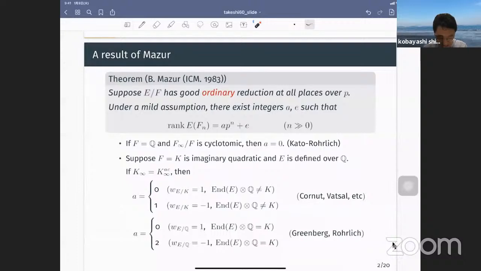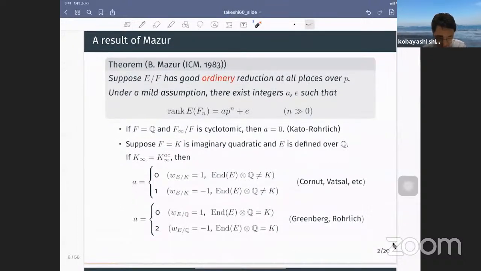Then it is different depending on whether E has CM by K. Mazur calls the second case the exceptional case, where E has CM by the fixed K, and we are considering the anticyclotomic Z_p-extension.